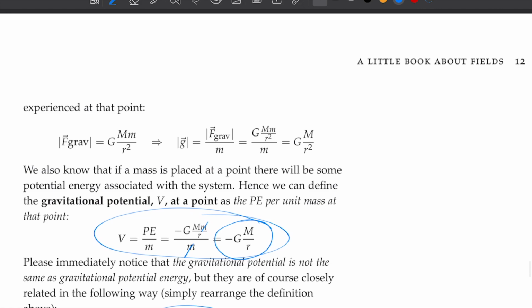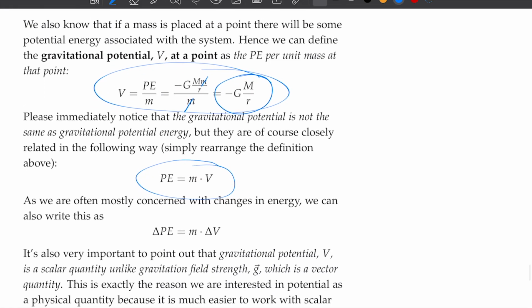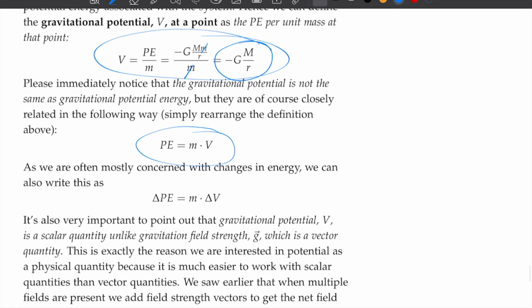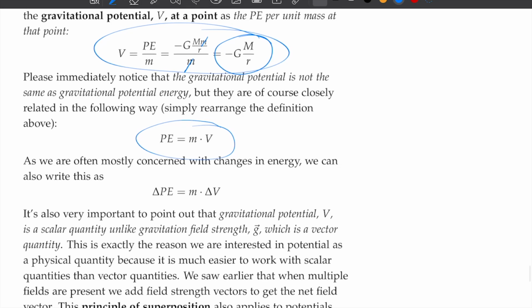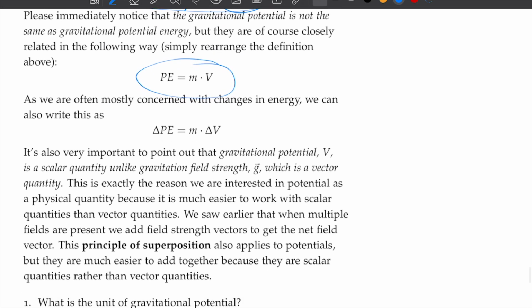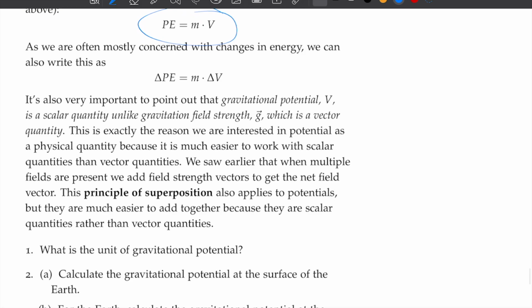Okay, so why do we introduce this new quantity, gravitational potential? Well, the big advantage is that potential, like potential energy, is a scalar quantity, and it's easier to work with scalar quantities. So, for instance, we saw earlier that if we have multiple fields present at the same time, then we can determine the net field strength vector by doing vector addition.